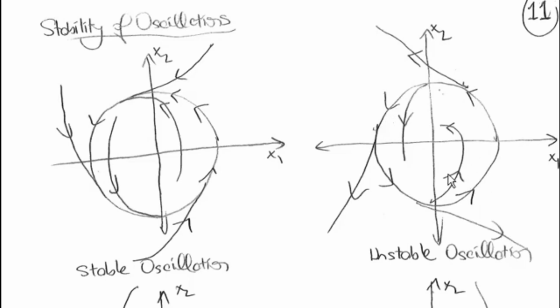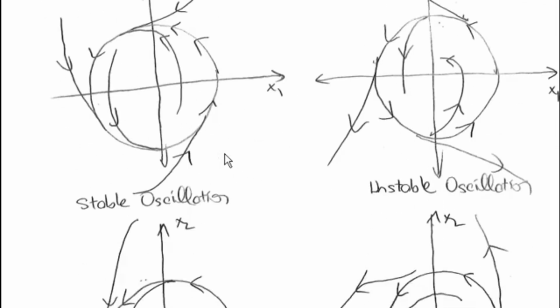Therefore, this type of oscillation is called an unstable oscillation in nonlinear control theory. Of course, if we would like to build a clock, a very stable, accurate, robust clock, the oscillation involved in the clock should be a stable oscillation, and it should be robust to perturbations from the main trajectory.